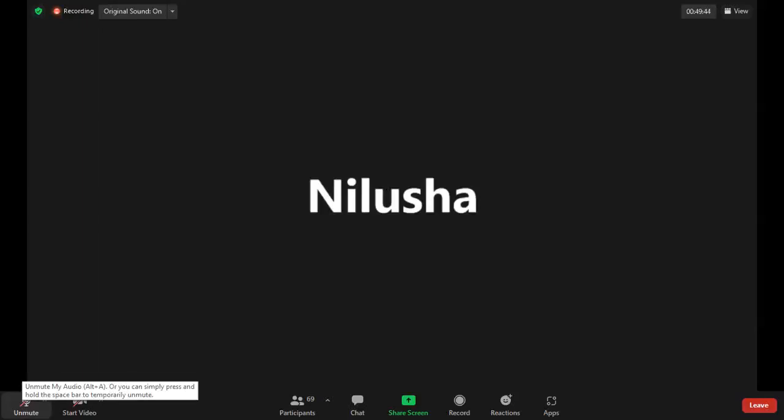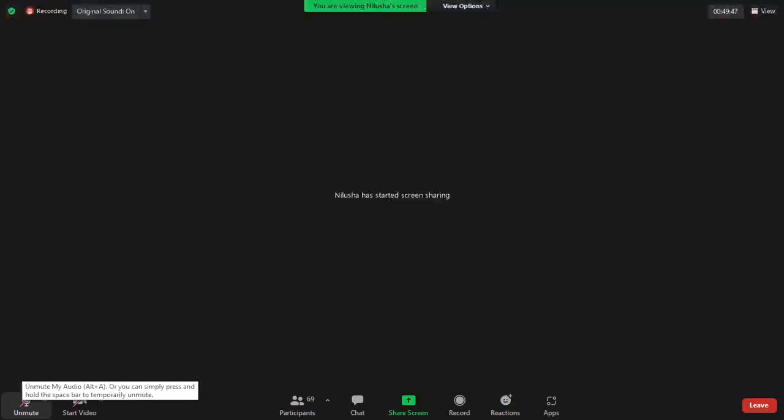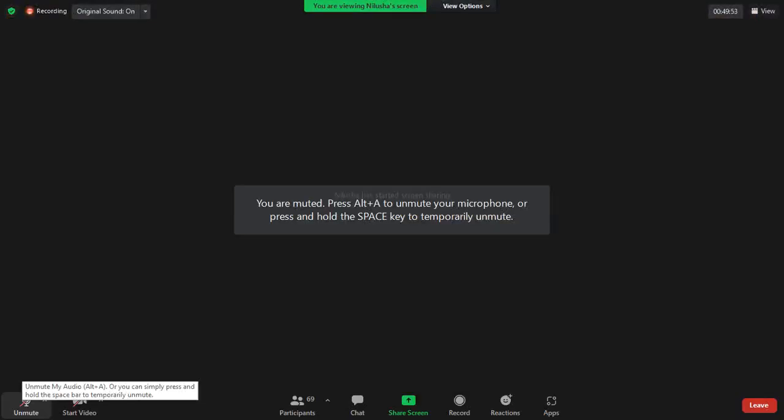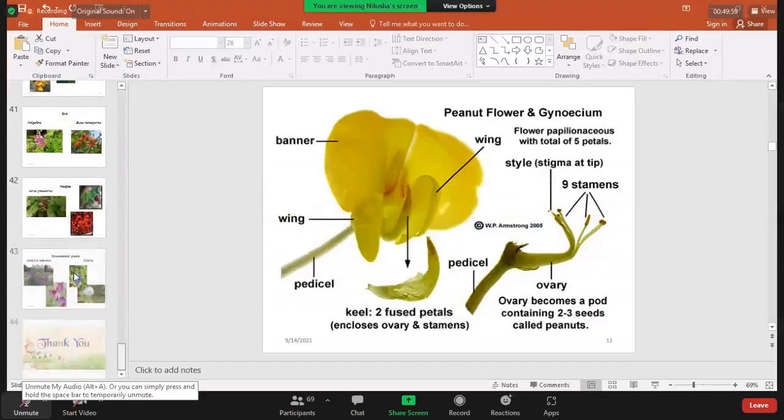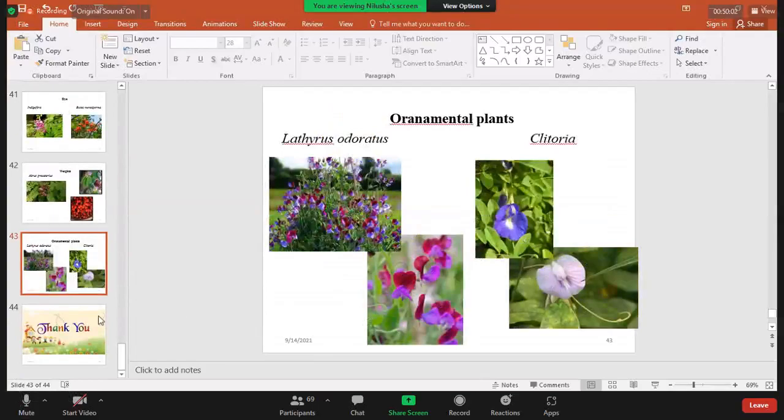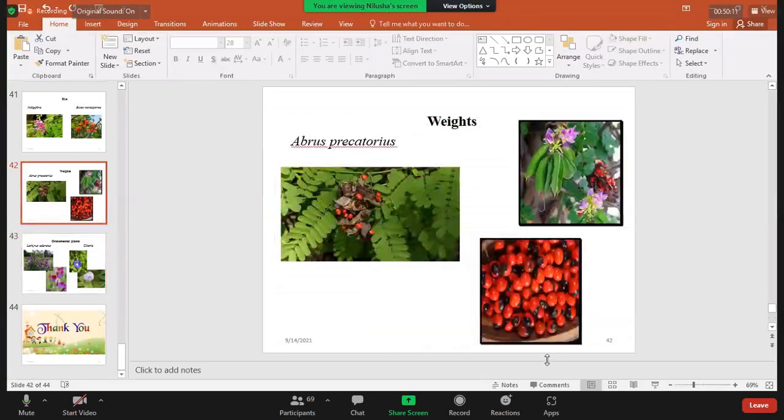Wait. Which slide? This one. Yeah, this picture no need to draw. You want to write the important points. Yeah, picture no need.